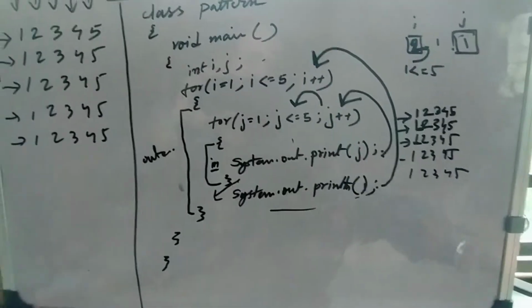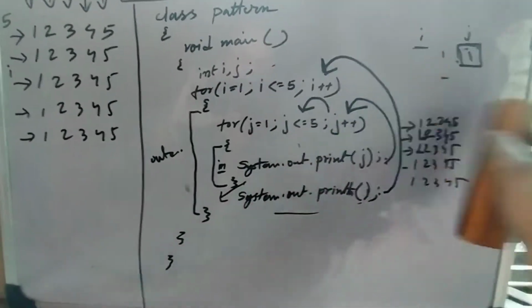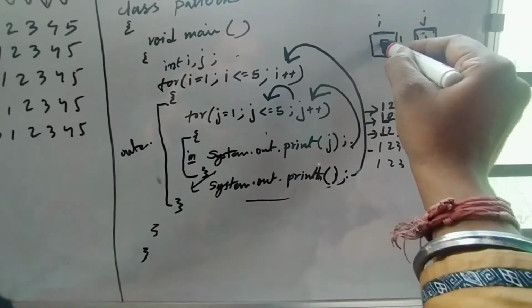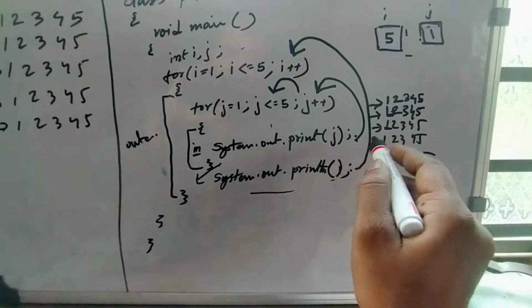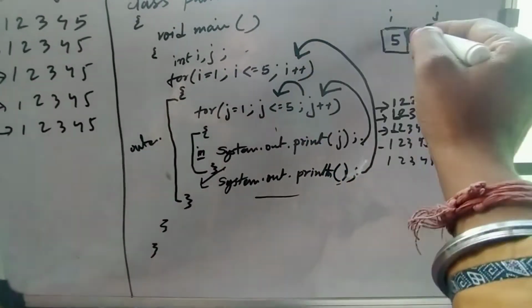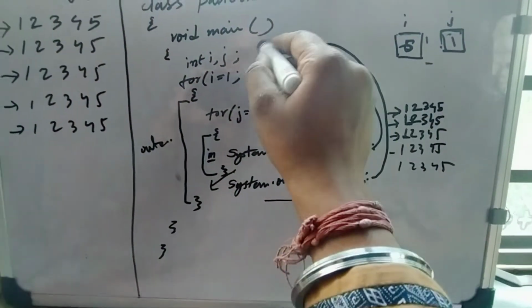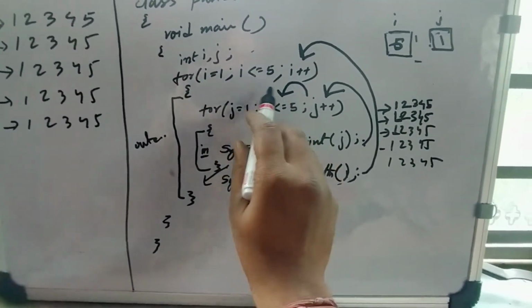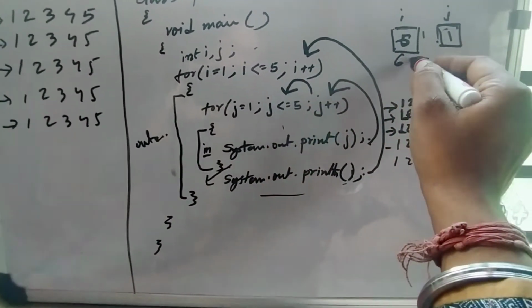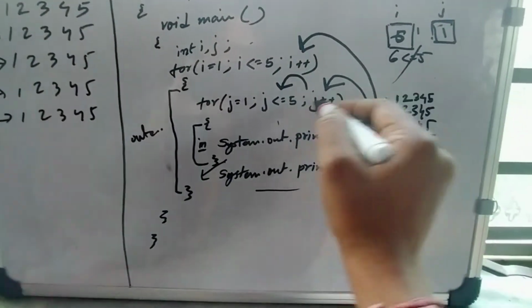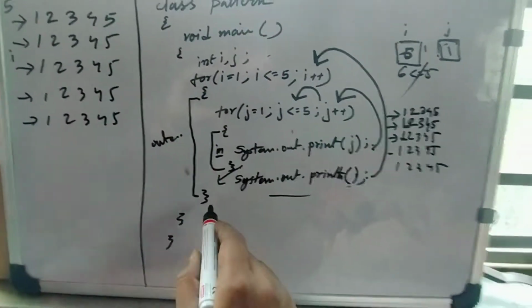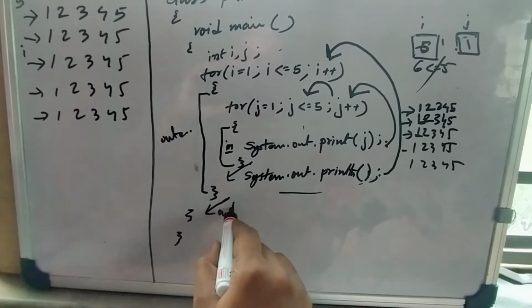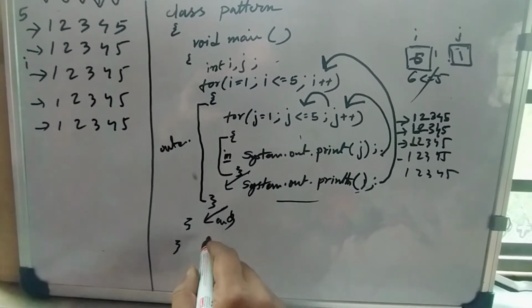And after printing this fifth row, you see I's value is now 5, and when I is increased by 1, that is 6, the condition fails to match here. Hence, since 6 is not less than equals to 5, the outer for loop ends, and we have the class ending done.